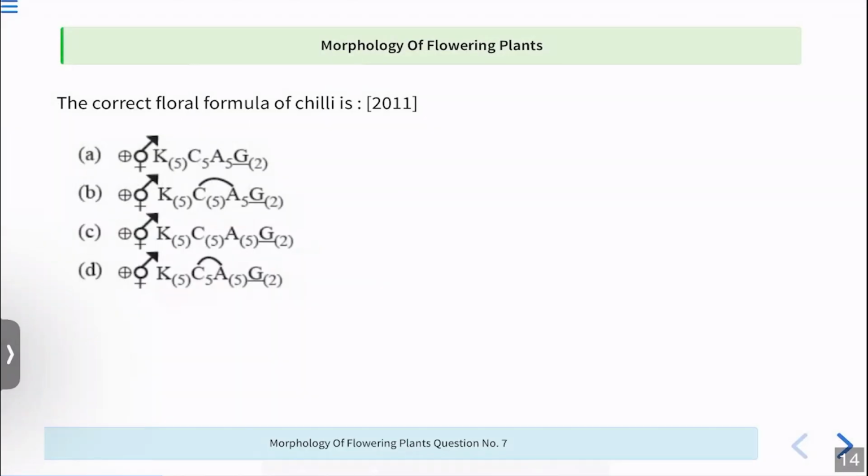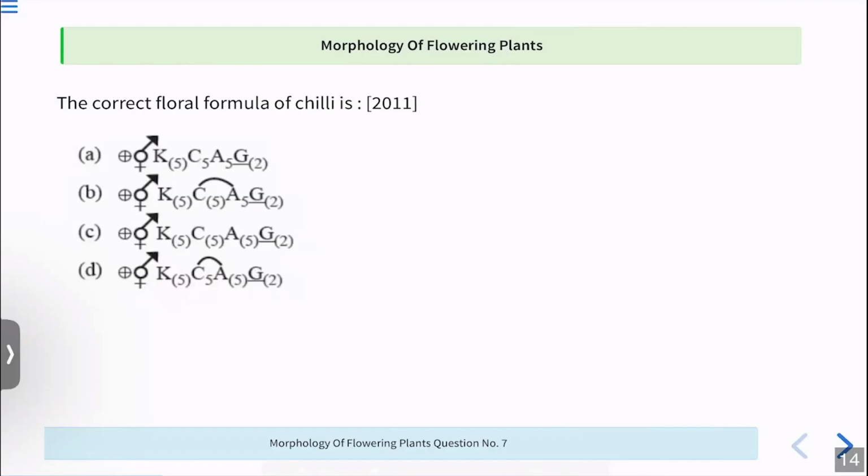The correct floral formula of chili is, so floral formula of chili plant. It is an actinomorphic plant which is bisexual. So A, B, C, D, all of them are actinomorphic bisexual.